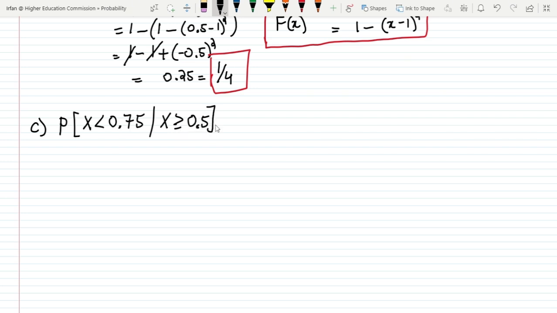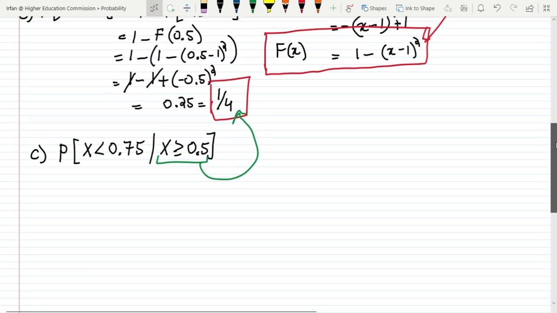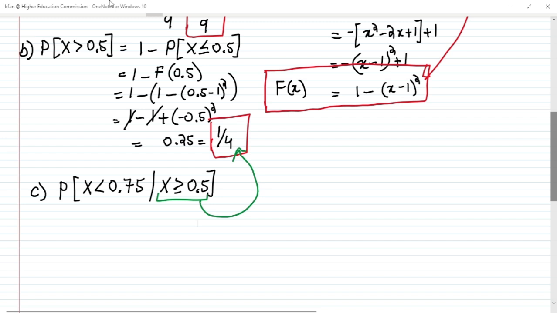That is what I have to find out. This is the conditional probability in which this thing has been given, and I can also find it by using this function here, because previously I have already seen what this one was.